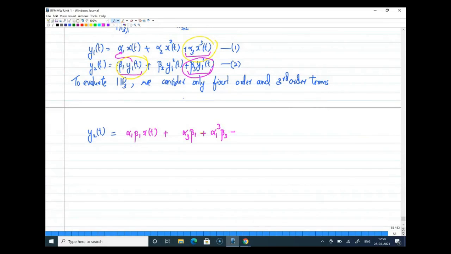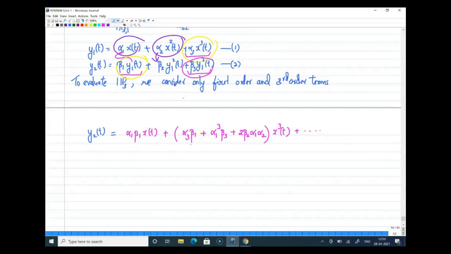Plus you will have a product term of x into x square, which comes here when you have the product term in beta. So it is 2 beta 2 into alpha 1 into alpha 2. That also will have an x cube term. So I have written this directly. If you have doubt, you can definitely expand this and see which are the third order terms, right?